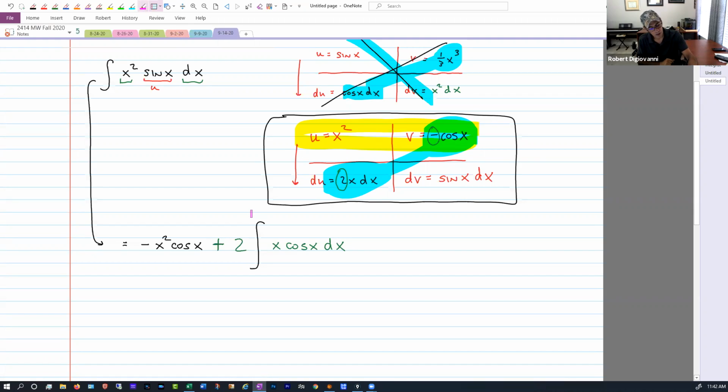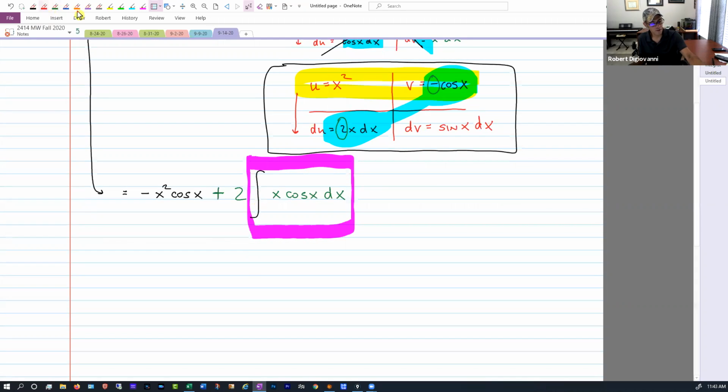So our entire universe right now is that integral. We're going to come over here on the side and do that integral on its own. We're going to set up another integration by parts formula table. We're going to pick a u, we're going to pick a dv, and we're going to go through the whole game again.